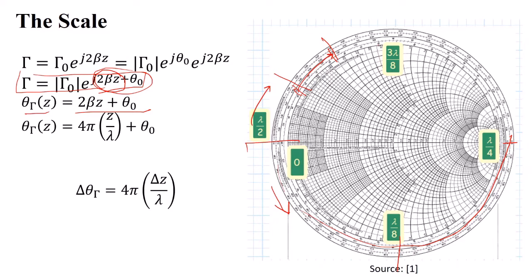By moving lambda by 2, the phase will be repeated. By moving lambda by 8, the phase will change by 90 degree, and so on. So if you have a point of short circuit and you move by lambda by 4 distance, then you will reach the point where you will see the impedance to be infinite.